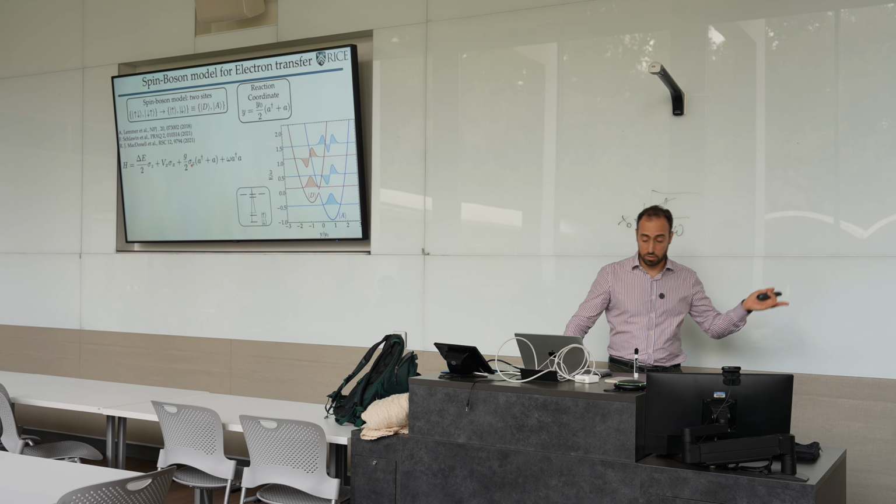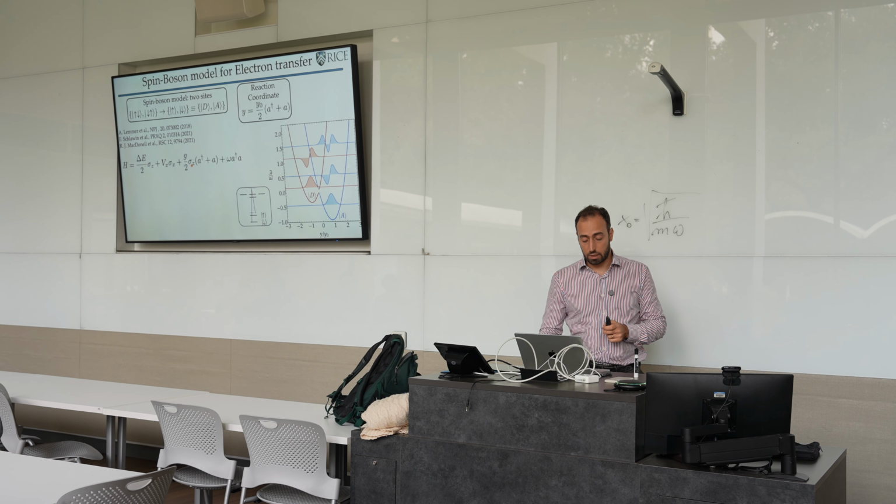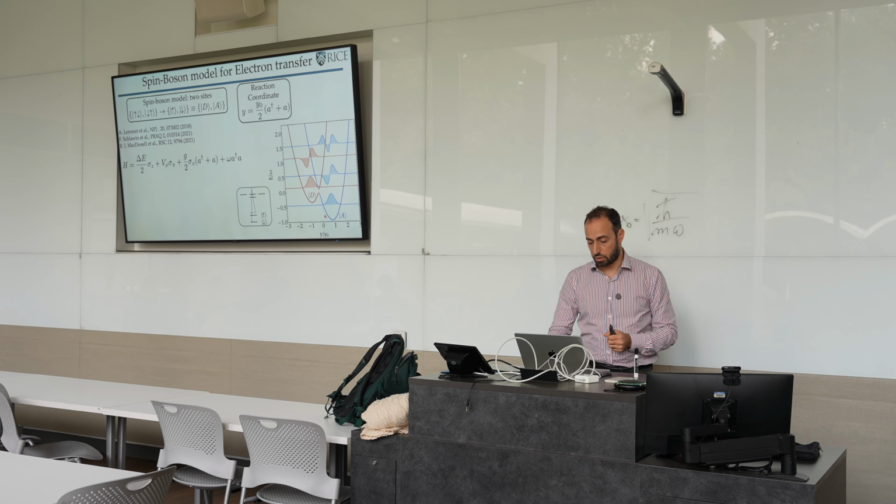So in this sense, it's a variant. But the nice thing is that in this case, we can really tune all the Hamiltonian terms independently, okay? And to make the analogy stronger, in chemistry they call this a plus a dagger the effective spatial direction. This is basically called the reaction coordinate.